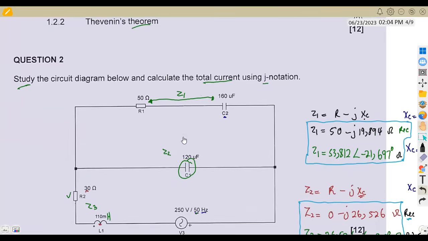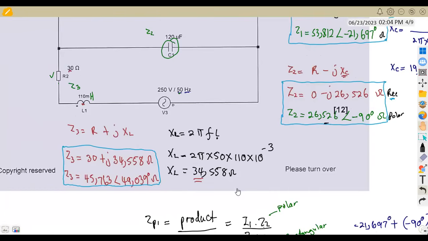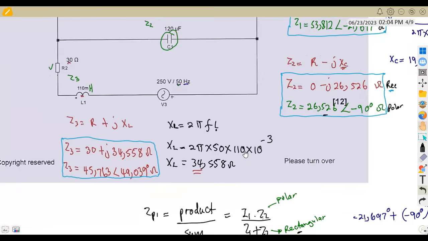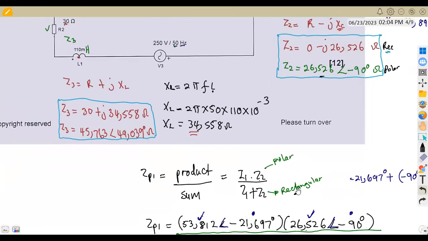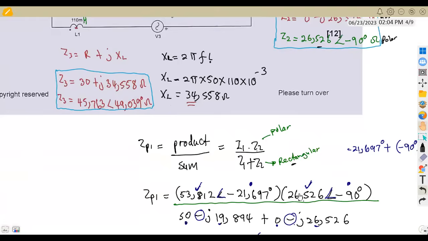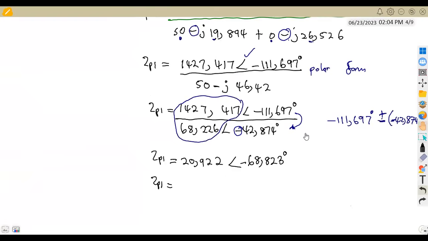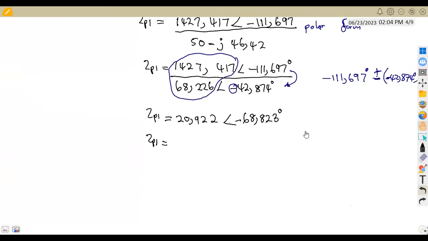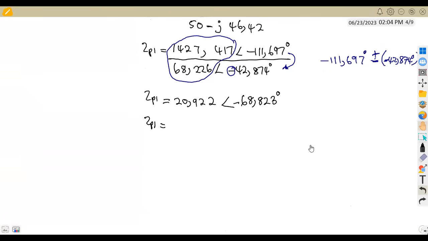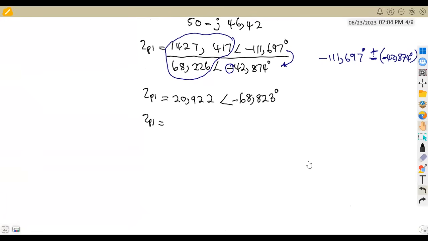So whatever parallel combination that you get here must be added to this Z3. So that means in order for us to add, like I said, addition is best to be done in rectangular form. So it is best for you to convert your ZP1, the first parallel combination that we got here, to rectangular form also. You have your answers in both formats.